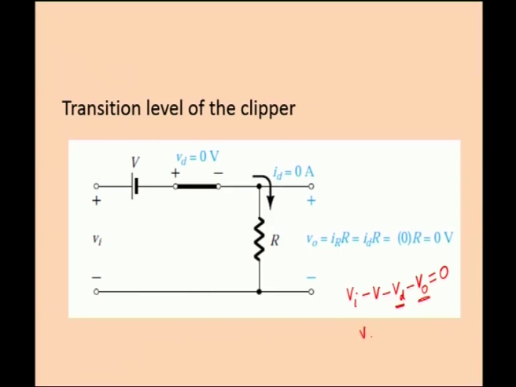From this equation, Vi is equal to V. So, whenever the input voltage crosses this V, that is crosses the DC supply given in the circuit, then the output will have the transitions. This is the transition level we obtain from the circuit. Whenever this Vi crosses the DC supply, then the output gets transited.